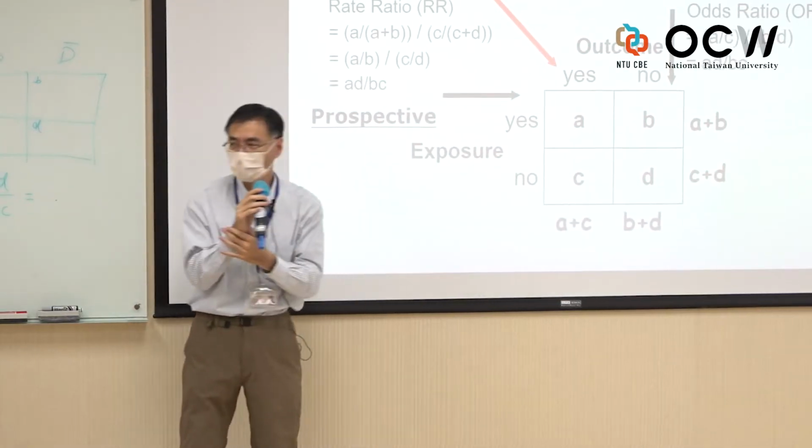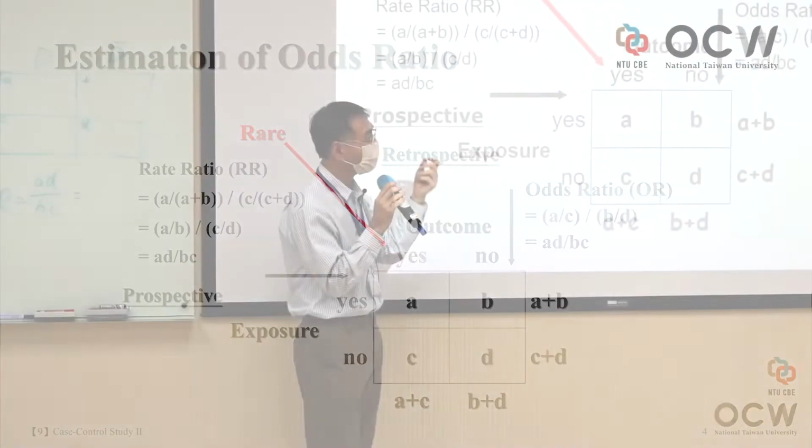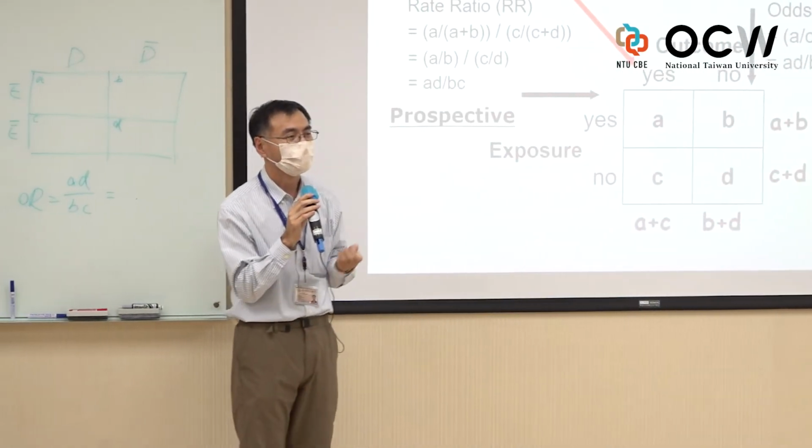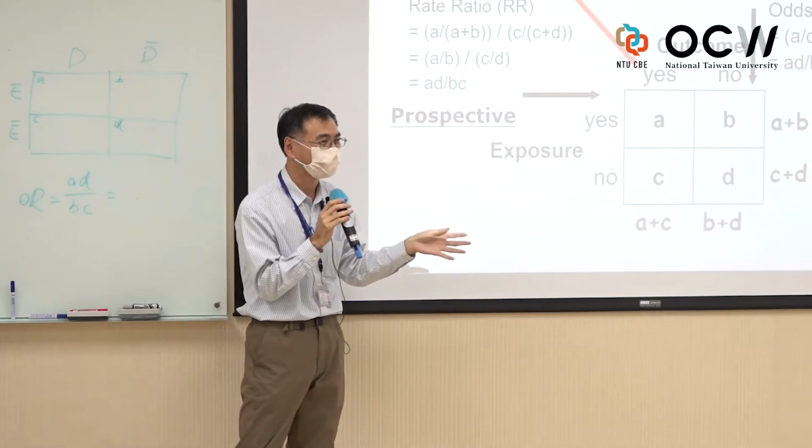So it's the idea that builds the bridge for the estimation of relative risk, no matter what kind of study design it is, retrospective or prospective, the same. Both of them are estimates of the relative risk. So RR equals OR equals RR.